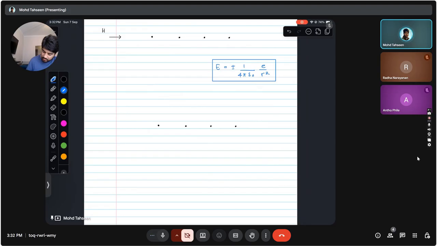Okay, so if I am plotting potential energy on this side and the position on this side.